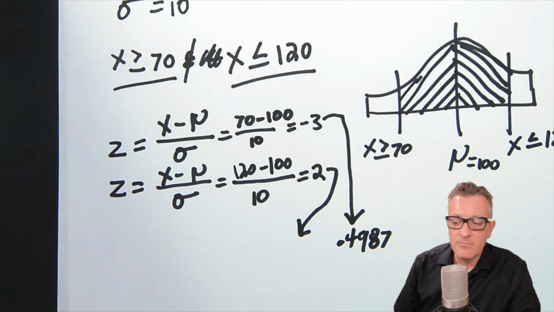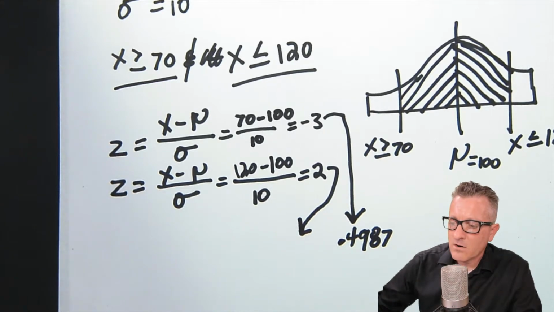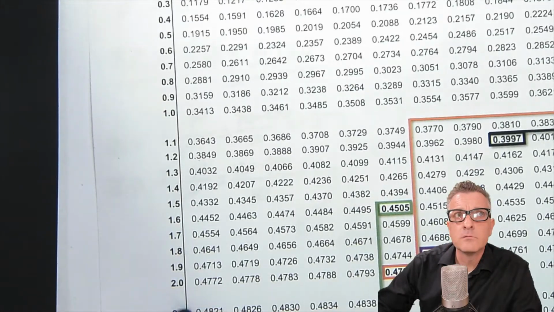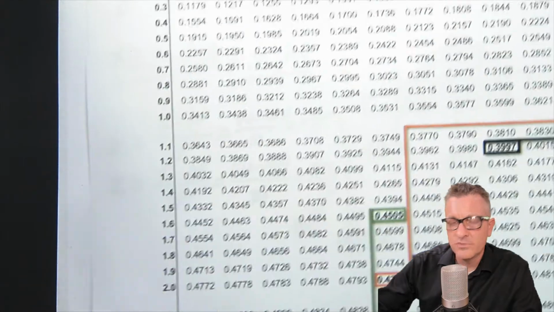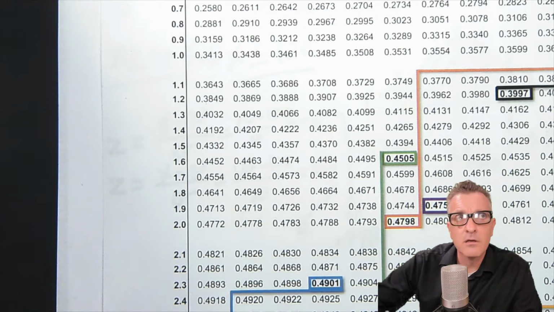That may not be too uncommon, but sometimes they're different, and you actually have to do 2 calculations, as in this case. So our z here, we're looking for 2, and 2 is going to be 0.4772, which is right there.